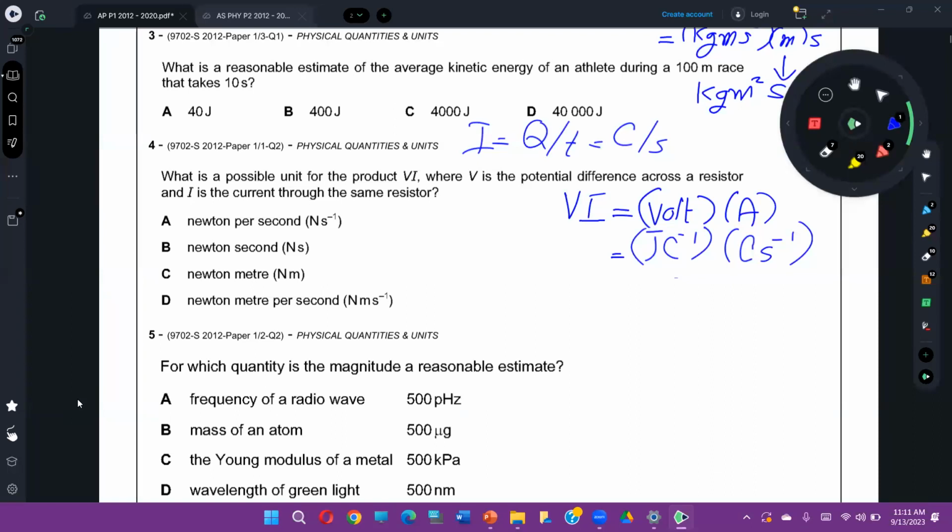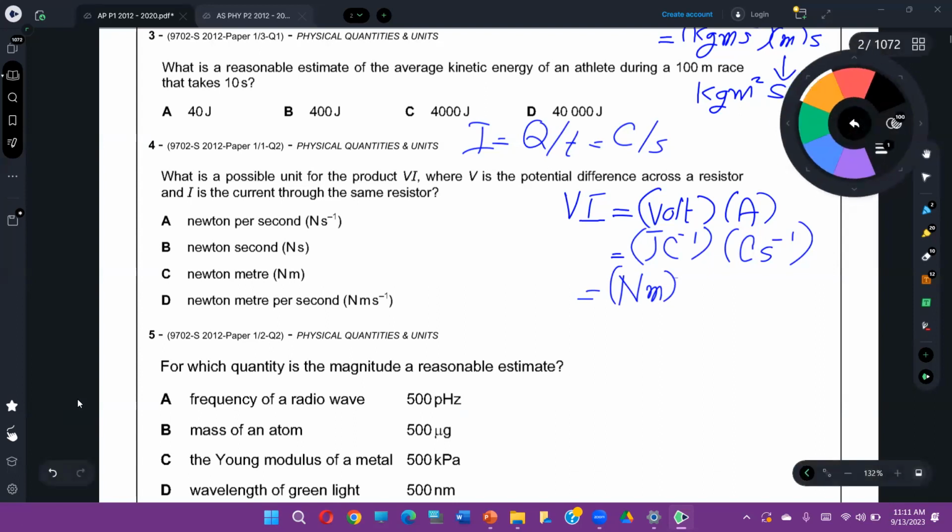Now, can anyone simplify the brackets for me? Joule will remain, or should I convert joule into Newton meter? How should I know to convert joule into Newton meter? Looking at the 4 options, all options contain Newton. Very carefully answer: can I say that coulomb will cancel with coulomb?